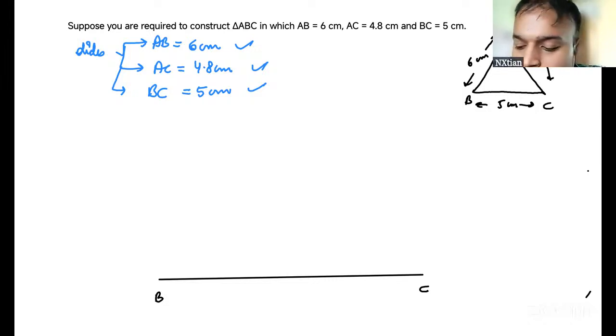And then put the tip of the compass on B here. Quickly. Done?